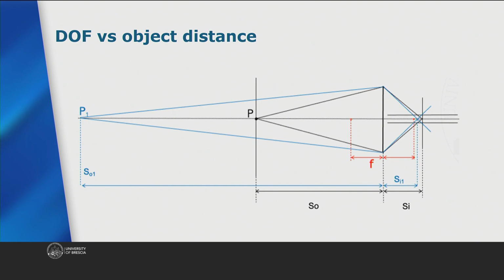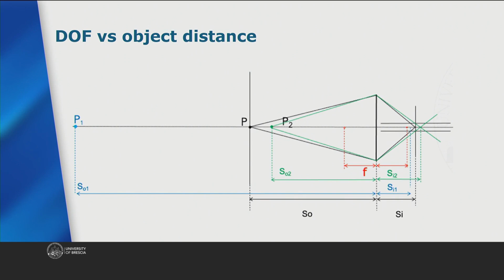However, because I can also consider a point to be in focus as long as it has a certain circle of confusion, we can consider point P1 to be in focus in the image plane, even at the distance SI. This means that at that distance, both point P and point P1, which is farther than P from the lens, are focused.